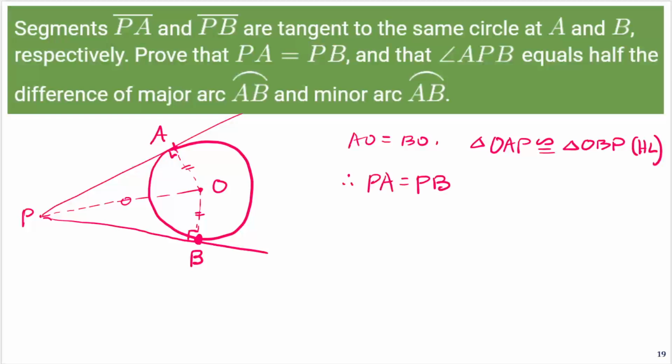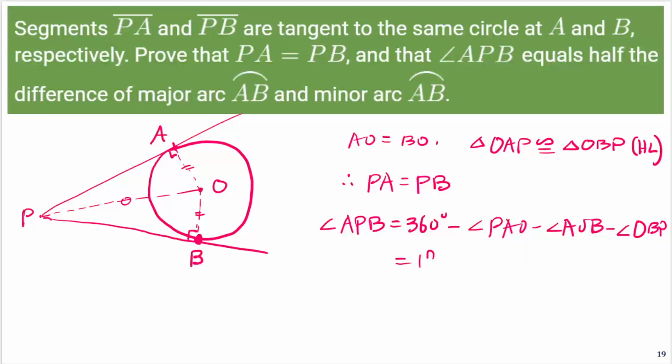And now we can find angle APB in a variety of ways. One of the methods is to use quadrilateral PAOB to note that angle APB equals 360 degrees minus angle PAO minus angle AOB, both of them are 90 degrees, then minus angle OBP, right?